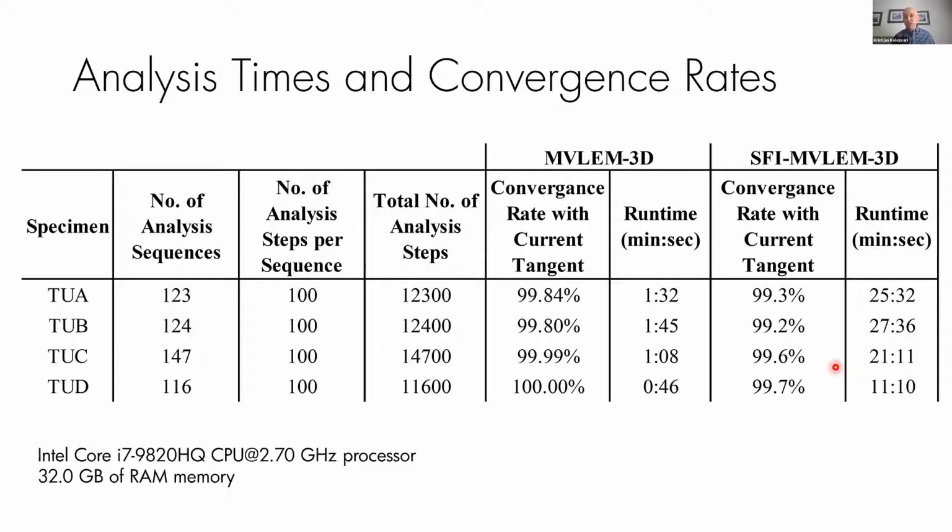So for example, with 99.7% you were able to converge with the current tangent, and only 0.3% you need to use initial, and analysis time is 11 minutes. If that 0.3% goes to 0.8, it jumps to 27 minutes. So they're really related, right?